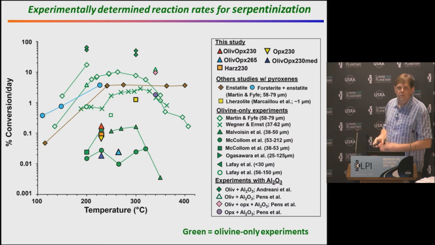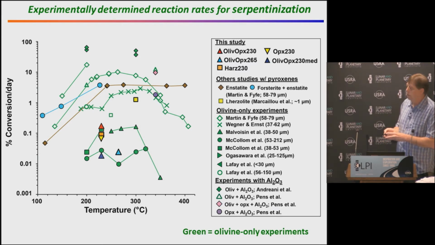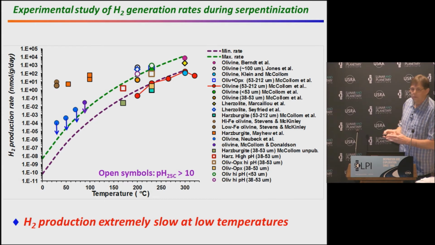That's largely because as you go below temperatures of about 170 degrees, these reactions are just too slow to proceed on laboratory timescales. So now here's hydrogen generation from the experimental studies, all the ones that are available. This is as a function of temperature, hydrogen production in nanomoles per gram per day.